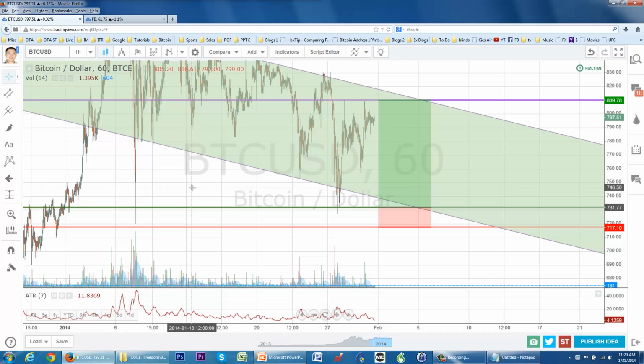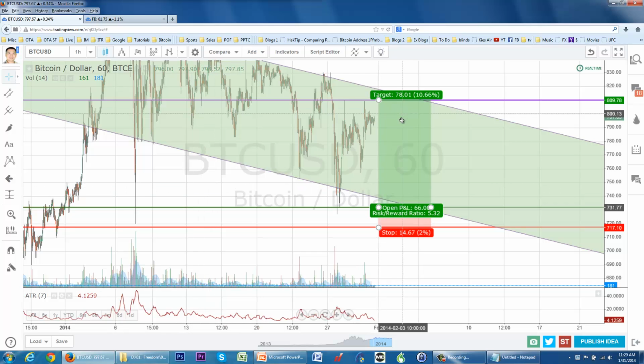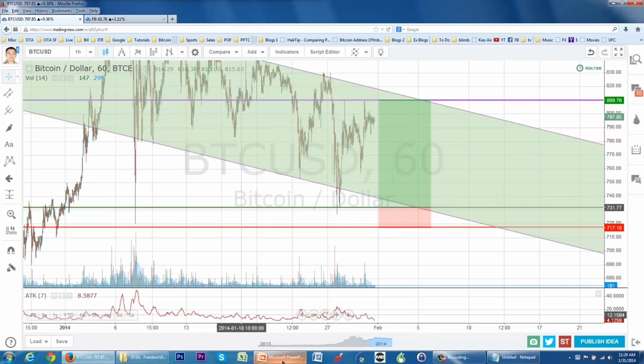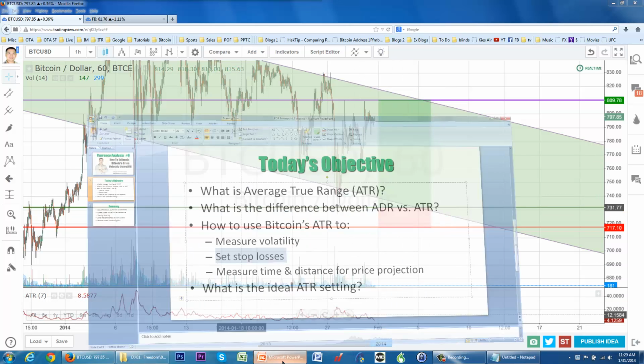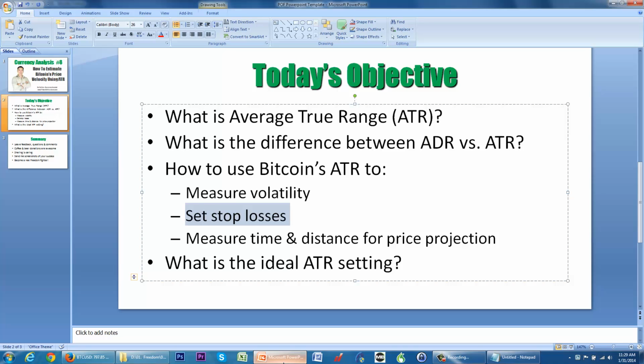The strategy that I explain here to manage your stop losses is fairly the same, but how it's being used is going to be slightly different. So just be aware of that. That's how the ATR is being used to manage your stop losses.